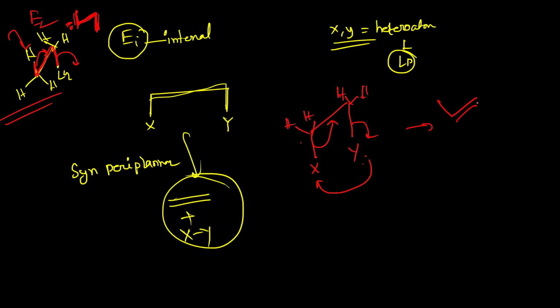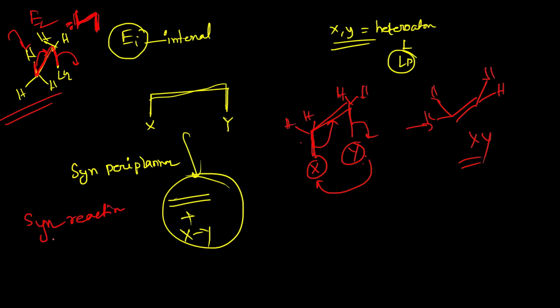So basically, this will be our product: the alkene with hydrogens, and XY. That's why syn periplanar is required, because they are on the same side, right? So this reaction is also called a syn reaction.